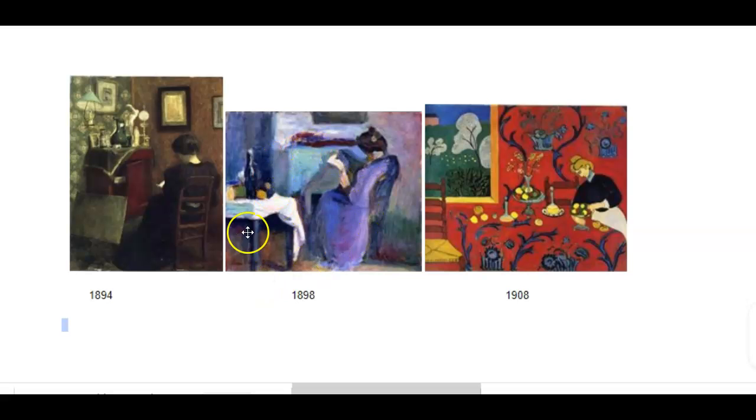The center one, look at that one there. The whole painting basically is done in shades of violet and yellow. So you have all these beautiful shades of violets going on here. You have yellow here and there to pick up on the contrast of the complement colors of yellow and purple.